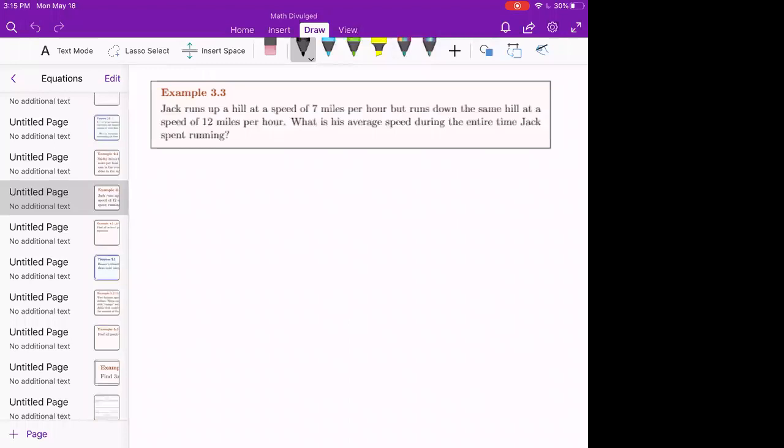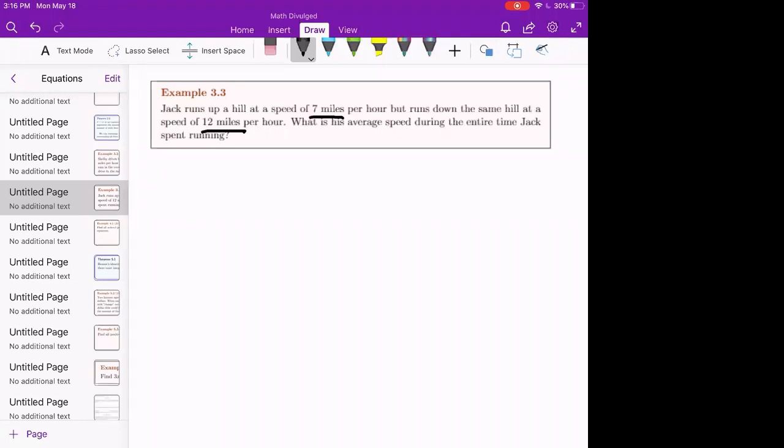You see in this example, I'll give you a second to read it. Yeah, so basically in this example, we see that we're given two different rates, 7 miles per hour and 12 miles per hour. However, we're not given a distance or a time really.